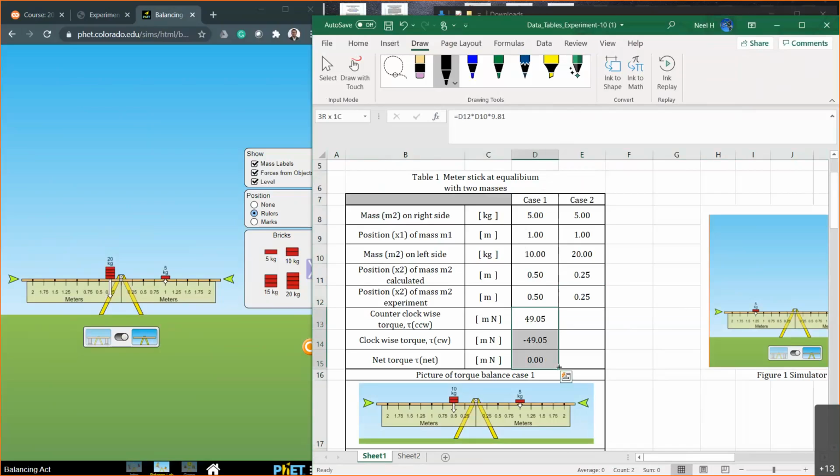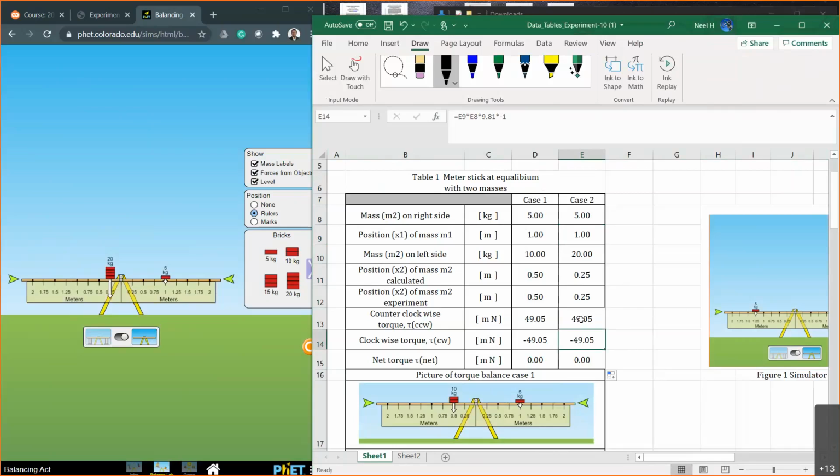This you can click and drag, it will do the calculation automatically, right? So this is going to be E12, clockwise, counterclockwise torque coming from the right hand side, mass 5 times 9.81 multiplied by the 1. And then clockwise torque should be negative, coming from the right hand side.